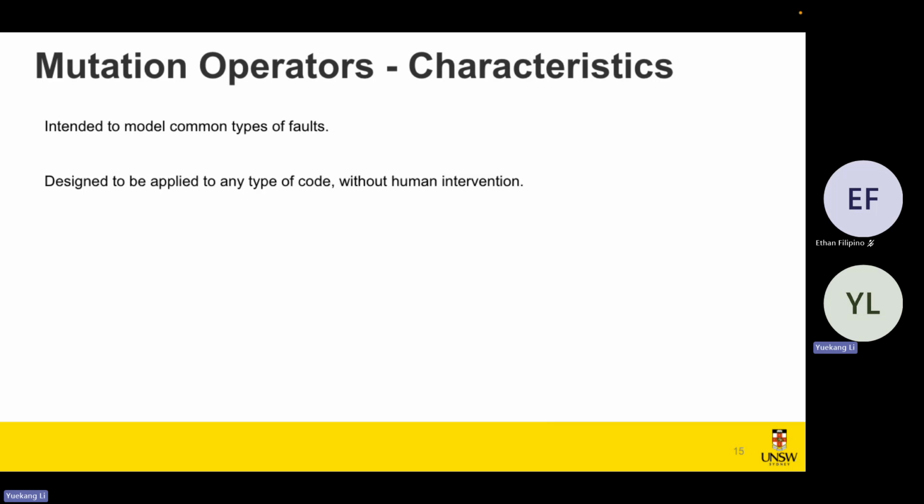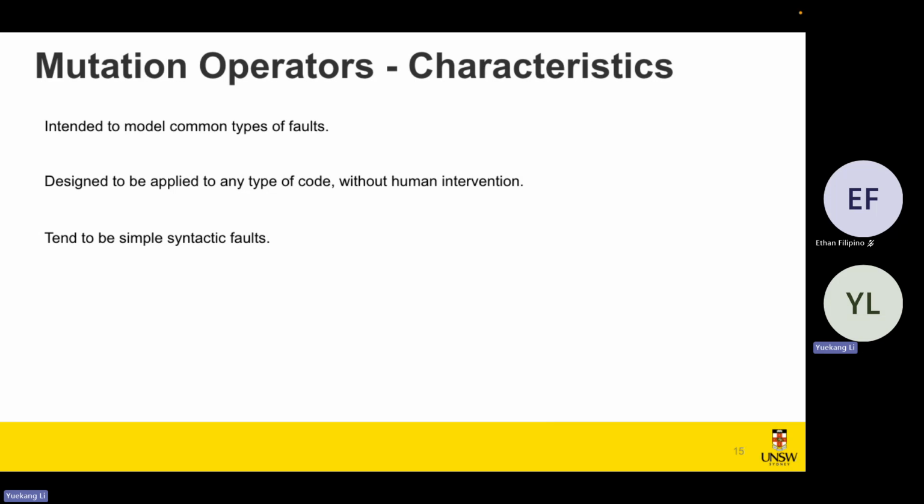The second one is they are designed to be applied to any code without human intervention, which means we can use them to automatically create mutants, right? So we don't need to manually inject these errors. And the third characteristic is actually determined by the first two: because we want to inject common types of faults, we want them to be easy to apply.